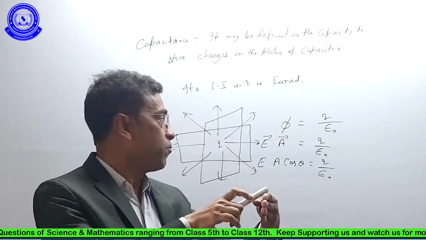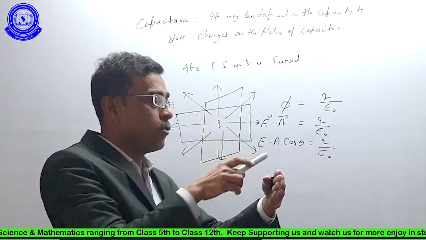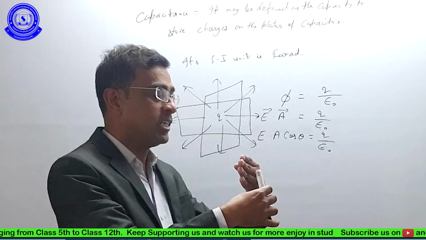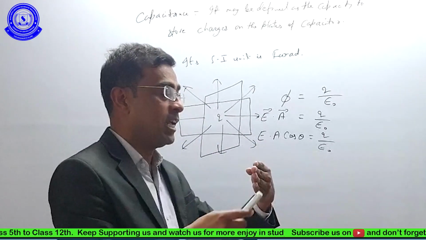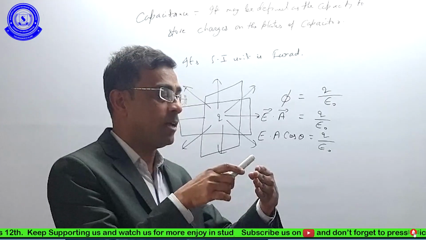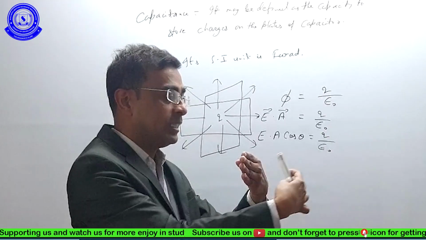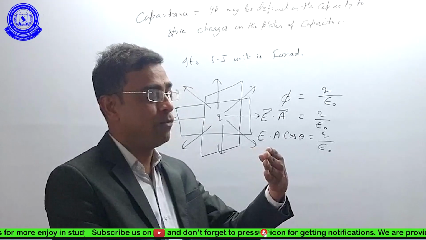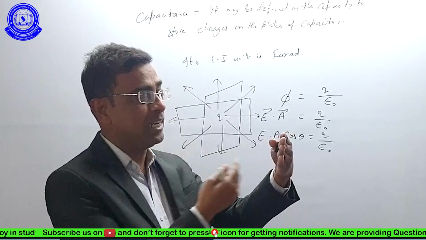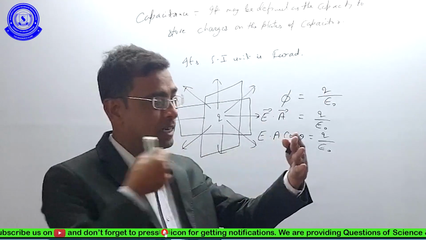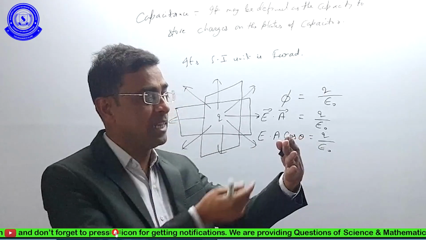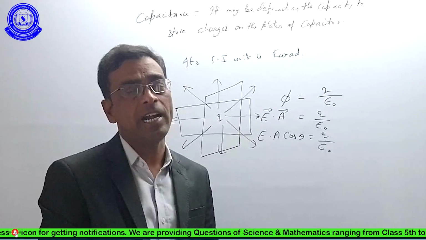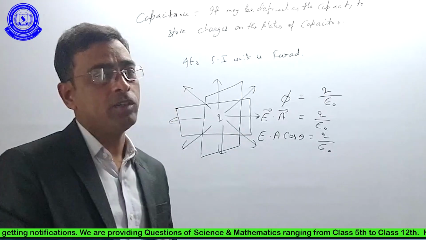For the x axis, our electric field lines travel in this direction and the normal to the area is also in this direction, so the angle is 0 degrees. Looking from this side, electric field lines travel towards me and the area vector is also towards me, and the angle between electric field and area vector is 0 degrees.